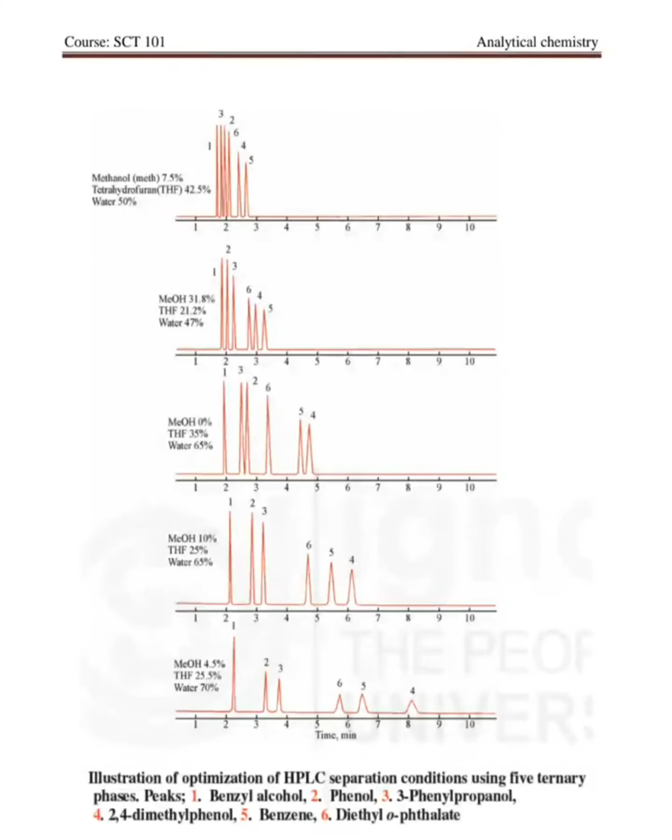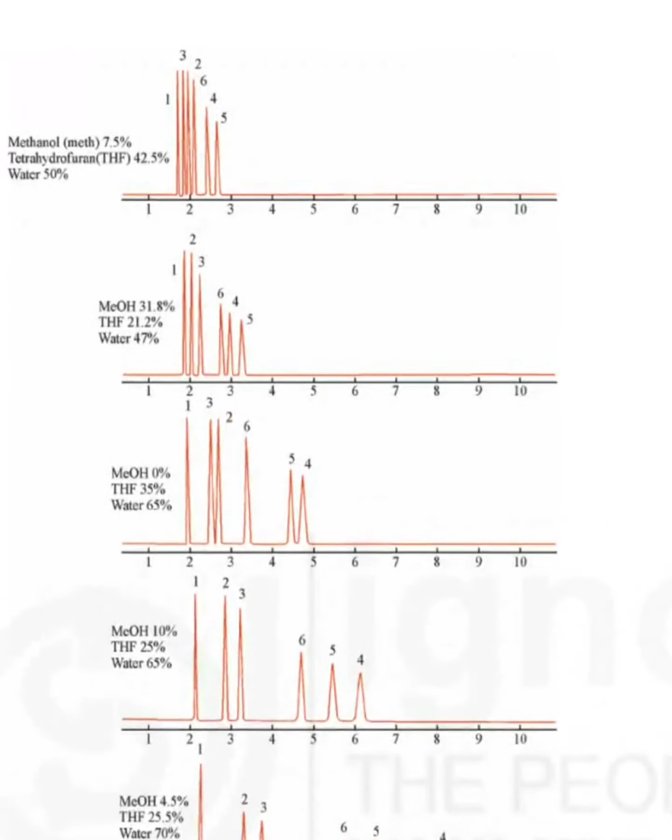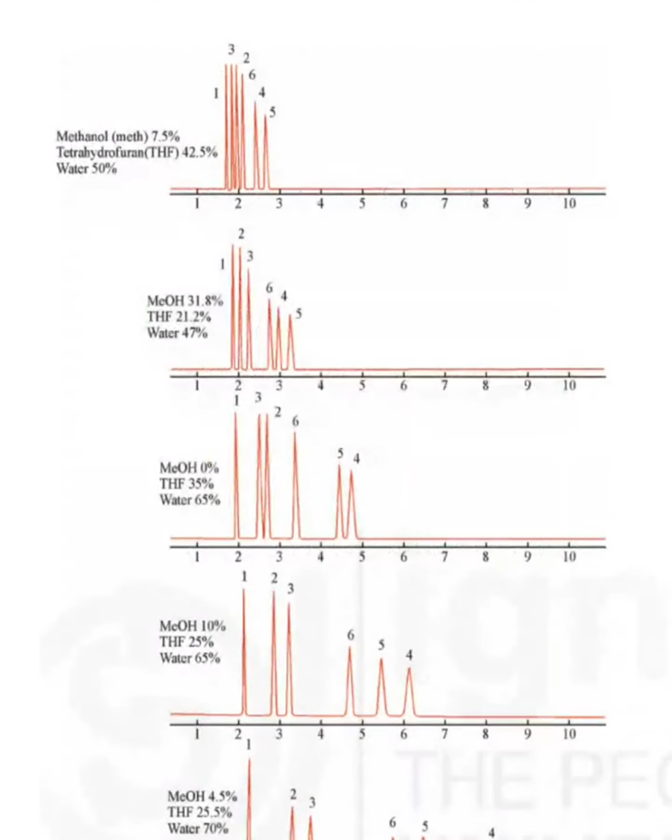And next is the chromatogram, what we are getting after the elution. For example, methanol, tetrahydrofuran, and water are the mobile phase we are going to use in the chromatography.